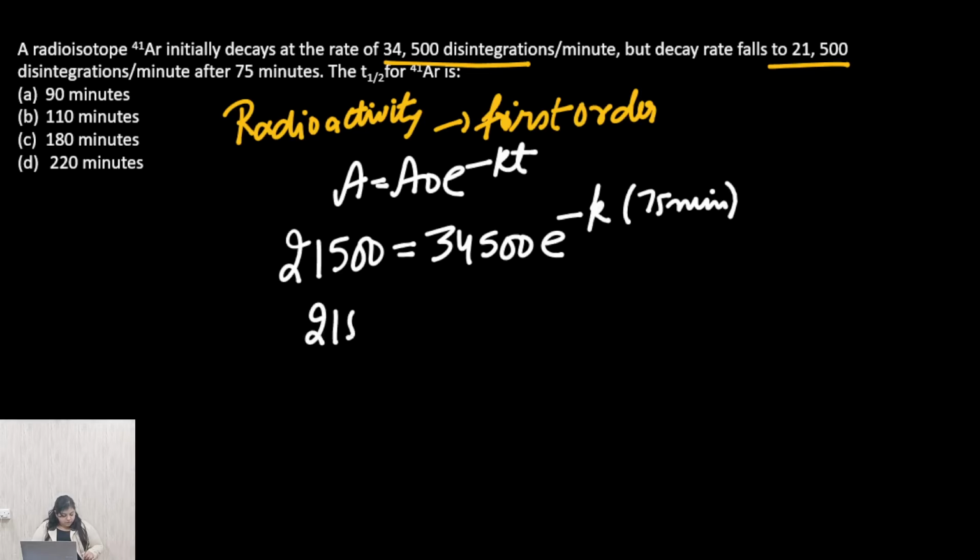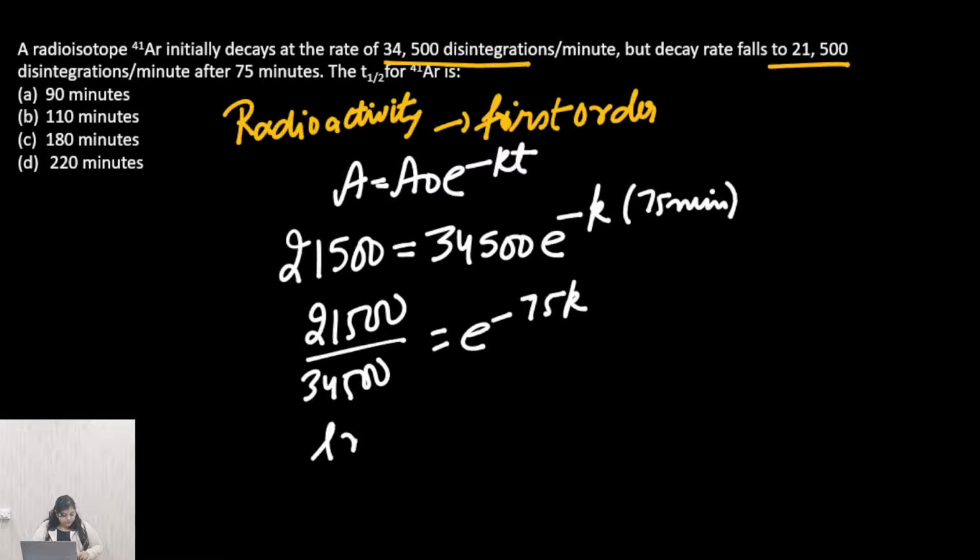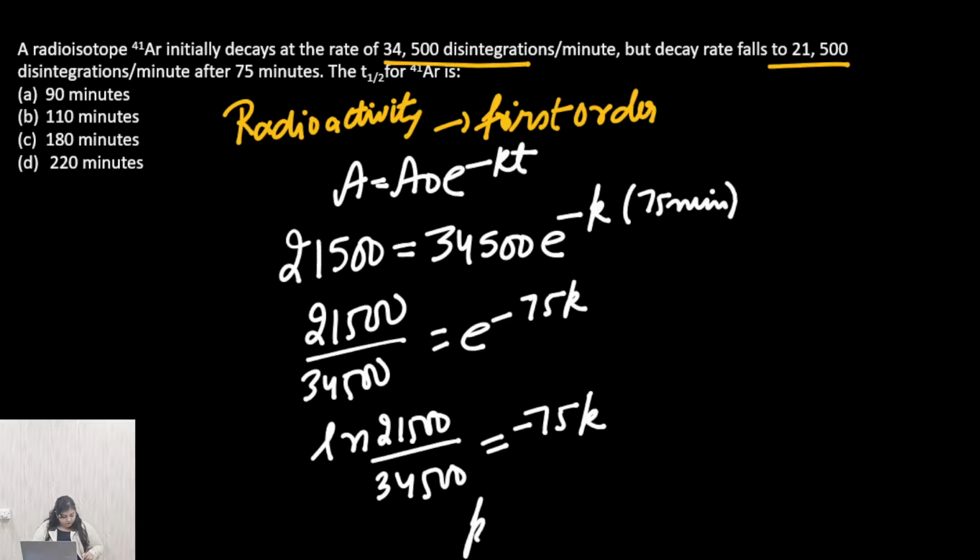That is 21500 upon 34500, equal to e raised to the power of minus 75 into k. This becomes natural log of 21500 upon 34500 equal to minus 75 into k. So k is 1 by 75 into the natural log of 21500 upon 34500.